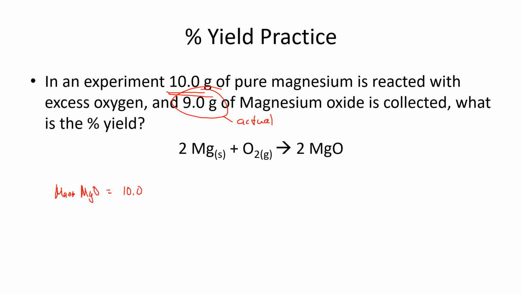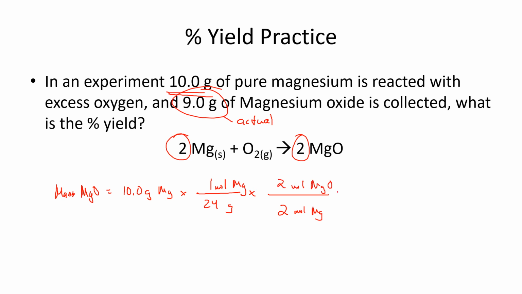So we'll take our 10 grams of magnesium, and then we're going to change that into moles, right? Grams per moles of magnesium. And then we're going to use the ratio, which is a handy 2 to 2 here. So 2 moles of magnesium for every 2 moles of magnesium oxide. And then we need a mass, so magnesium oxide.